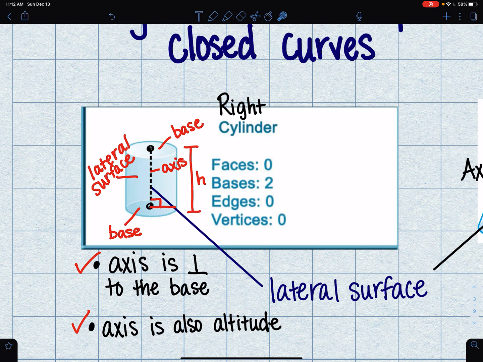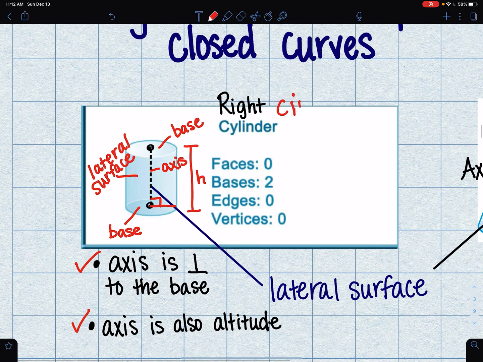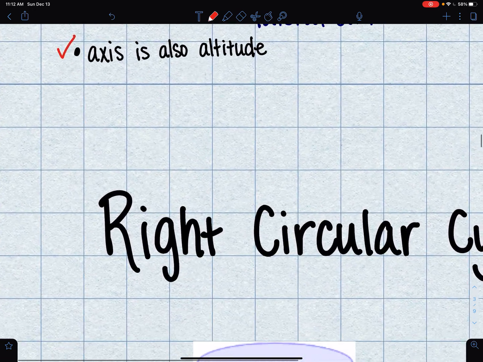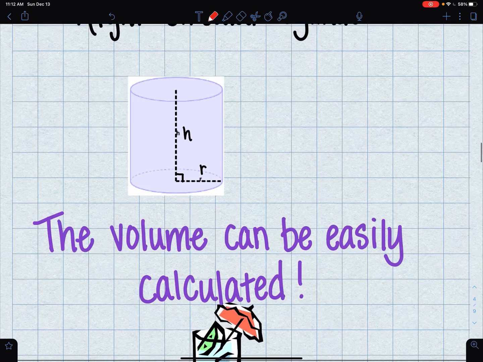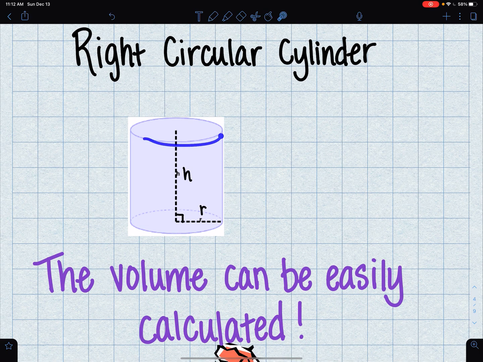Okay. So now when they give us problems at the end of this lesson, we're going to assume that they are right circular cylinders, because that's what we're going to be dealing with, okay? So right circular cylinder has a circle at the top, a circle at the bottom. The axis is the height.